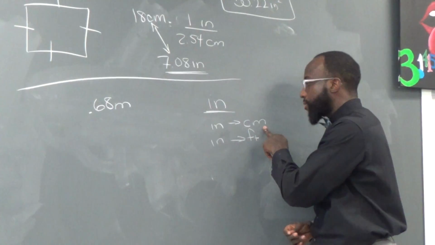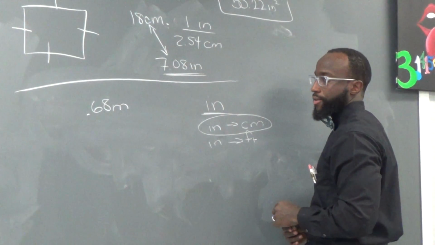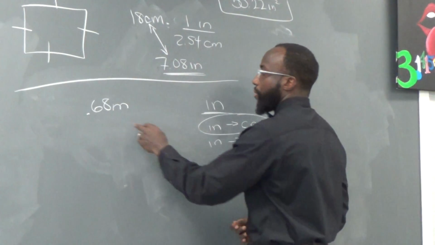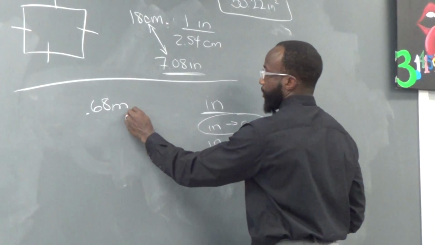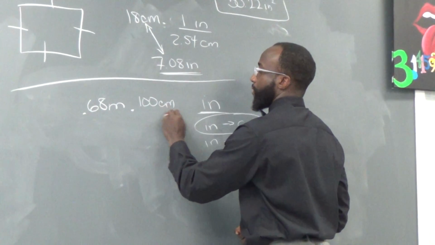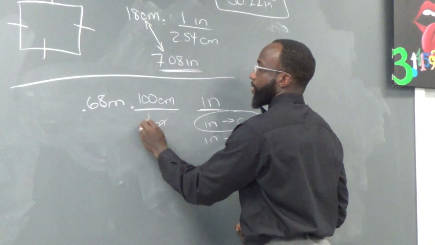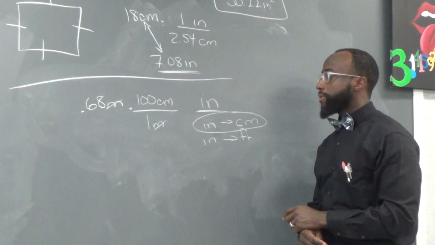Yes, you do. So 1 meter equals how many centimeters? 100. So we're going to multiply 0.68 meters times 100 centimeters, right?